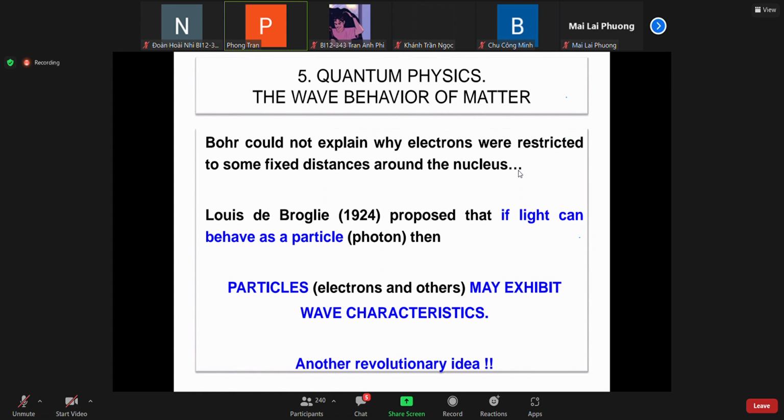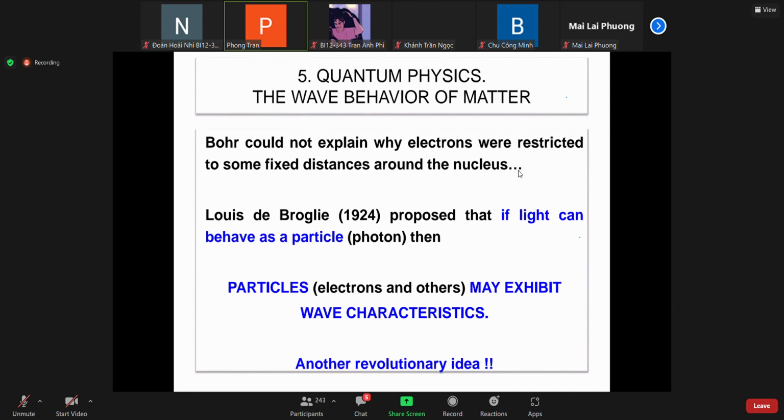At that time, Louis de Broglie proposed that if light can behave as a particle, a photon, then a particle can also exhibit wave characteristics. It seems quite confusing, but it is important. Light is an electromagnetic wave that behaves like a particle.